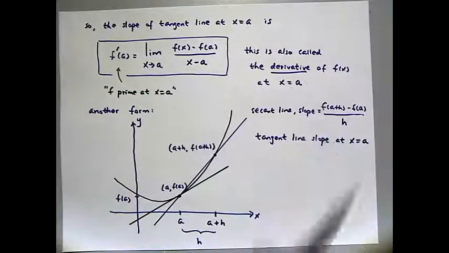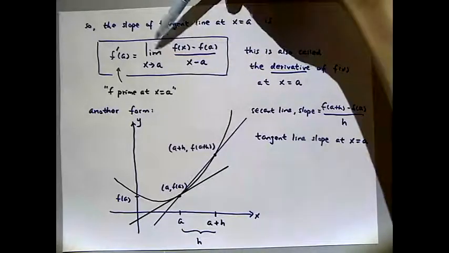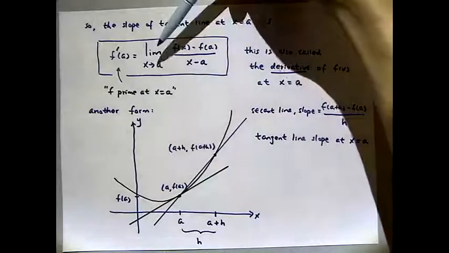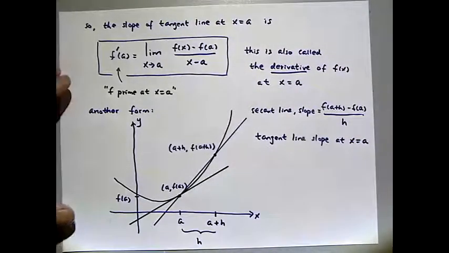And now we do the same thing. We take the limit, allowing the second point to go to the first, get close to it without being on top of it. And so what we're controlling this time is the quantity h. We control how far that h is. That measures how big the difference is. So when we take the limit, we'll take the limit of this thing, allowing h to get closer and closer to 0.